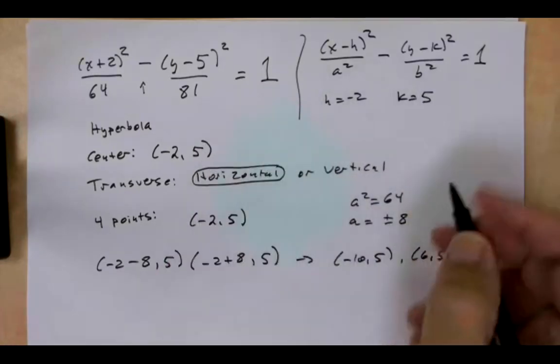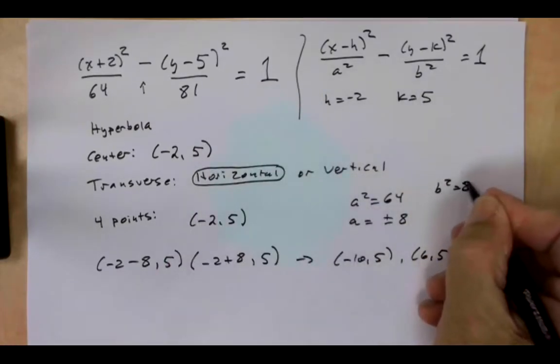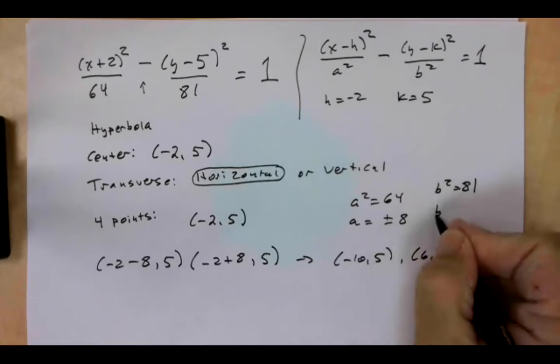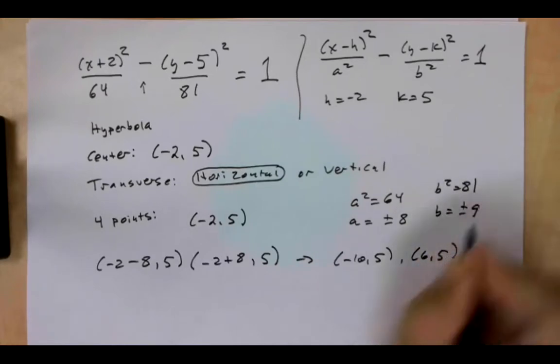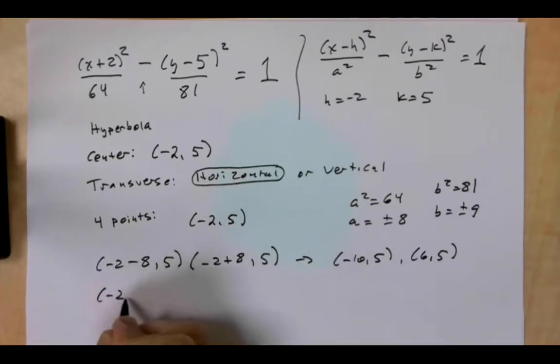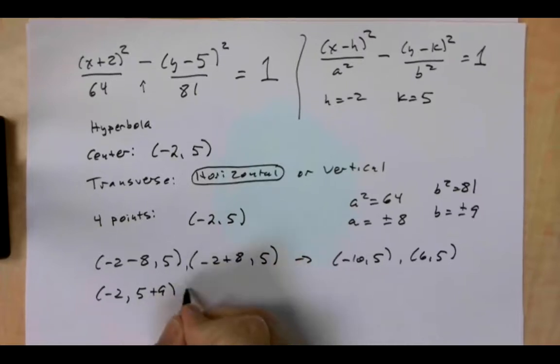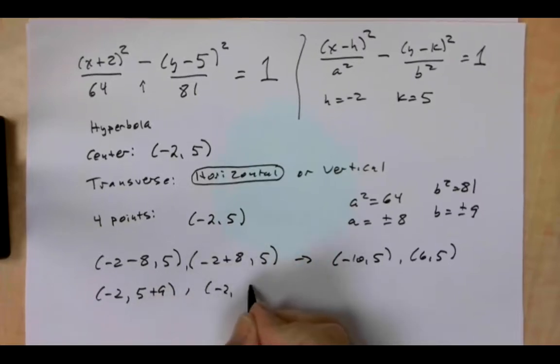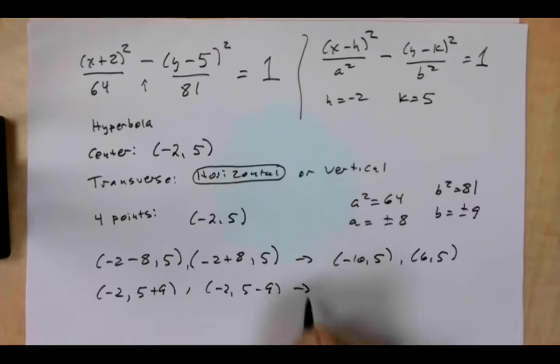And our b squared here is 81. So b is plus or minus 9. So our span in the y direction is 9. So we're going to go up 9 and down 9 from our center. -2, 5 plus 9, and -2, 5 minus 9.